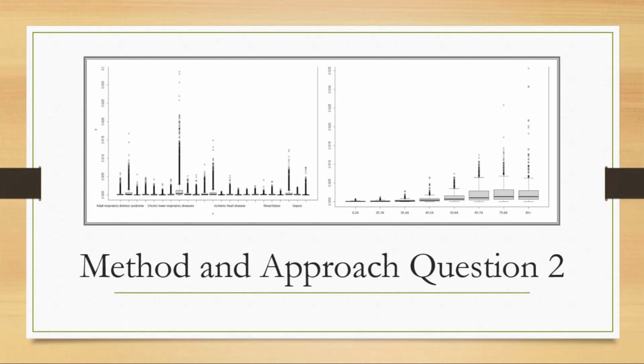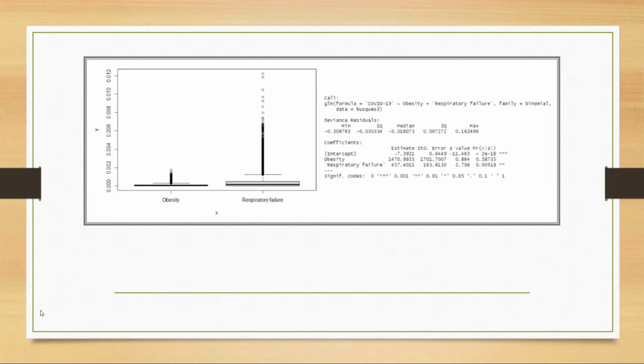And then on the left, we have the box plots for various conditions. Again, it's a little busy, but you can see there are conditions that do seem to have higher average mortality rates. Then next slide, and I'll pass it on to Jonathan.